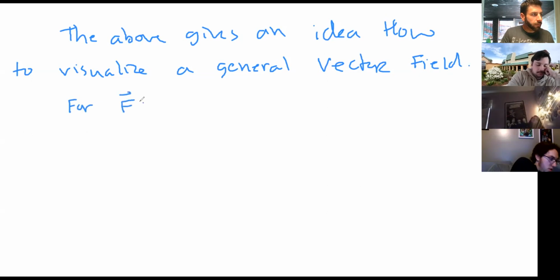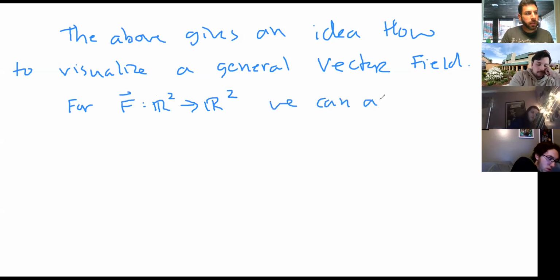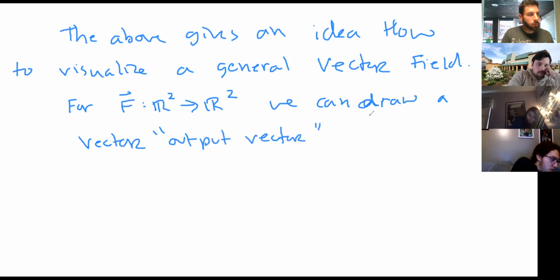If I take a vector field from R2 into R2, we can draw a vector, in particular, the output vector, at each corresponding input.